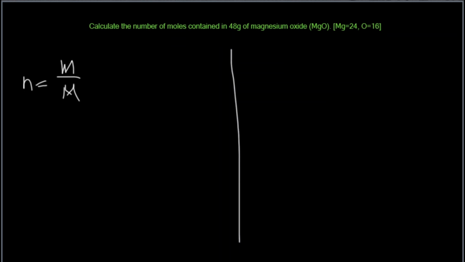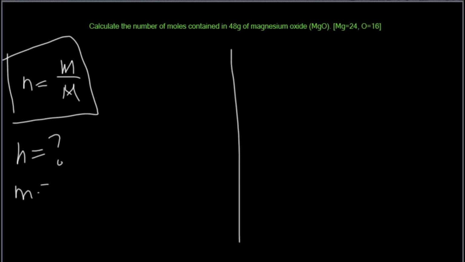Mg equal 24, O equals 16. So we know that this formula N equal to mass over molar mass, N is what we are looking for. Mass is 48 grams. Then we need molar mass. So let's calculate for molar mass.